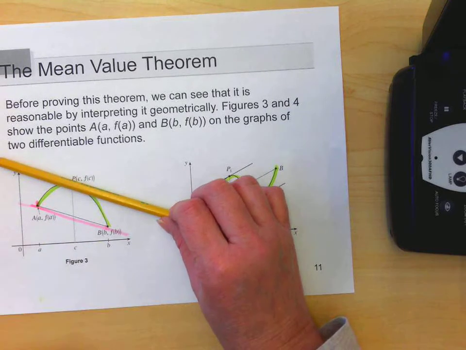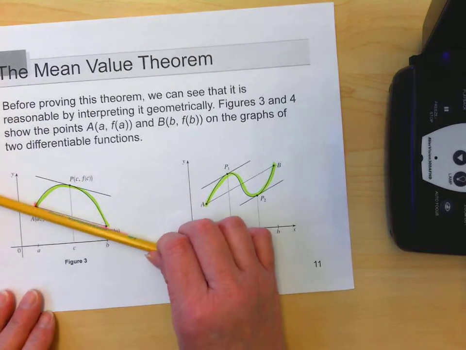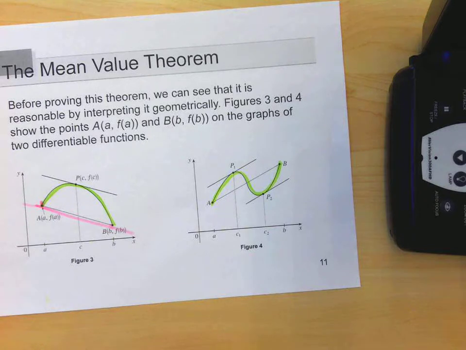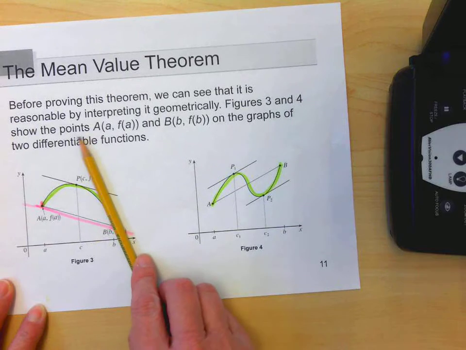Here it is. So again, here's the line we're trying to match up to. We're trying to find a tangent line to this function that's parallel to our line, so in other words, it has the same slope.